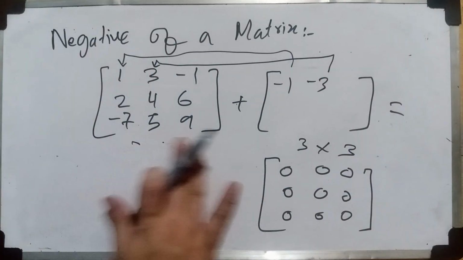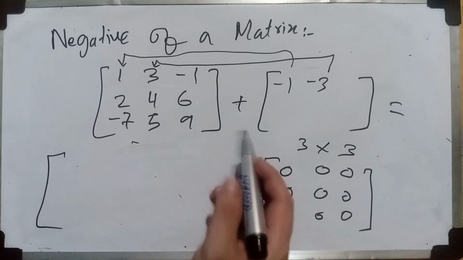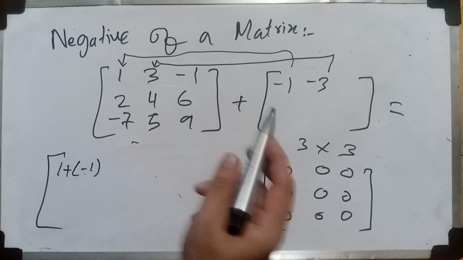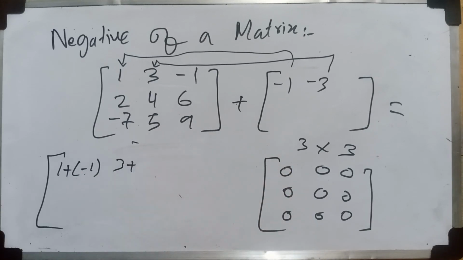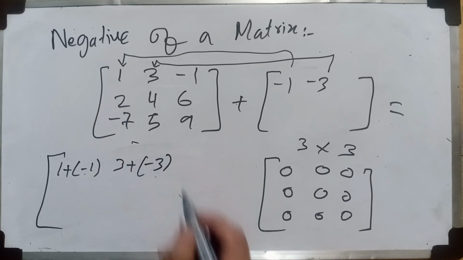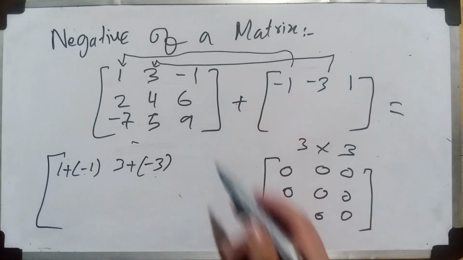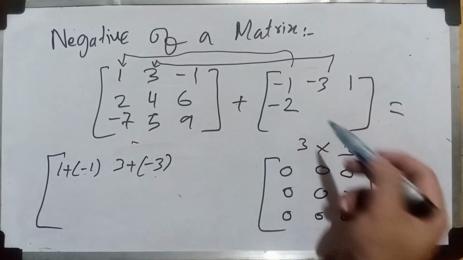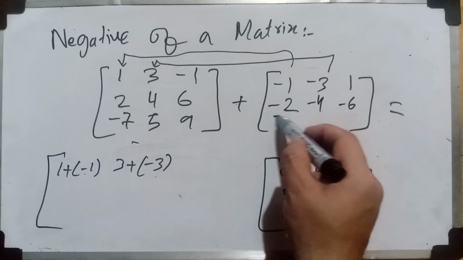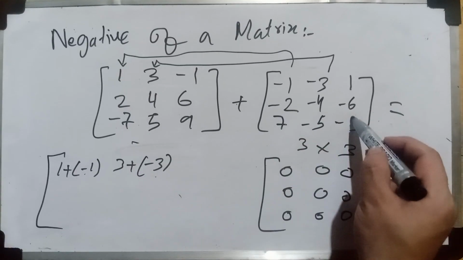So let's draw another operation matrix here. So 1 will add with -1 here. The next entry 3 is always in its place. Now I will add with -3 there, and we will add 1 here to make it a 0, -2 here, -4 there, -6 there, 7 there, -5 there, and -9 there.